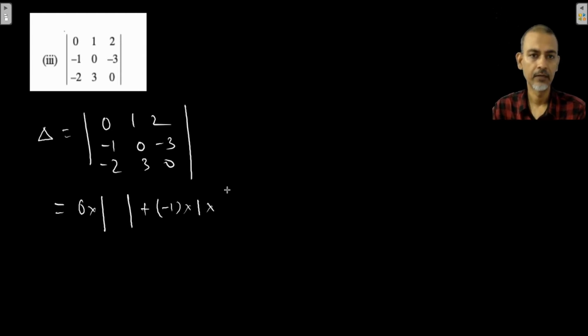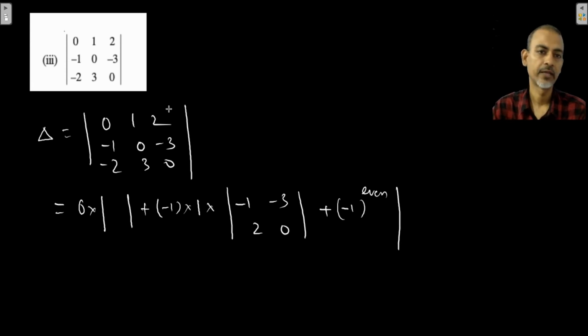And then I will have a determinant which will be minus 1, minus 3, 2 and 0. And then here i plus j is going to be even. So I will have minus 1 to the power even, we'll write 1, minus 1 to the power n. And then we will write minus 1, 0, minus 2, 3.